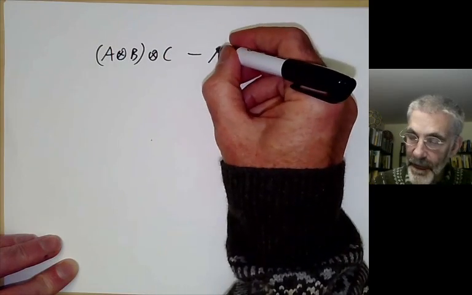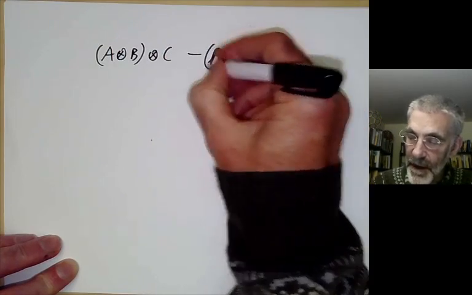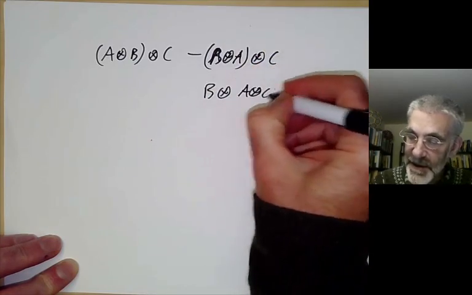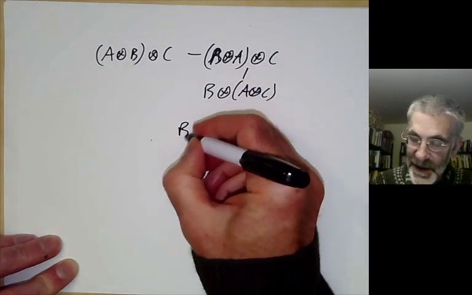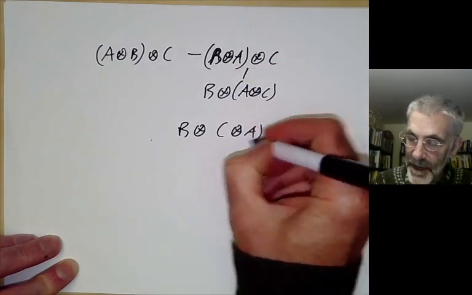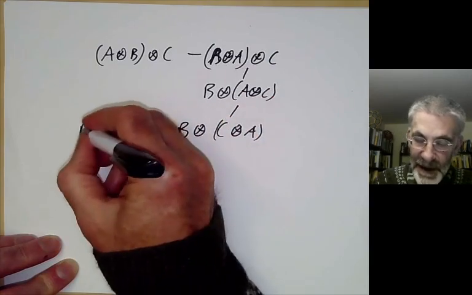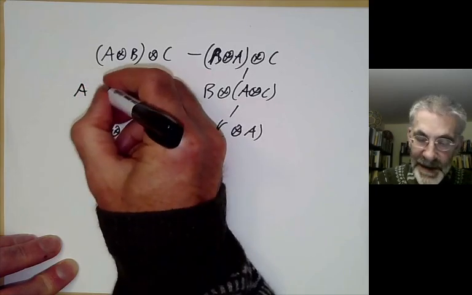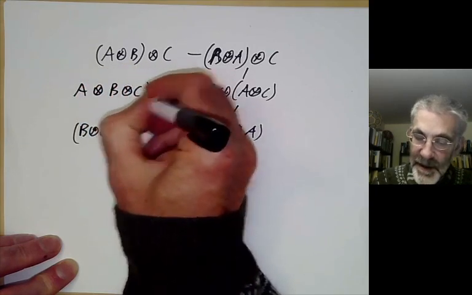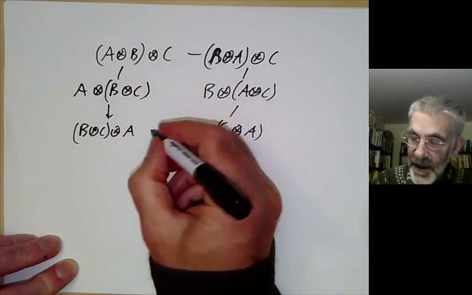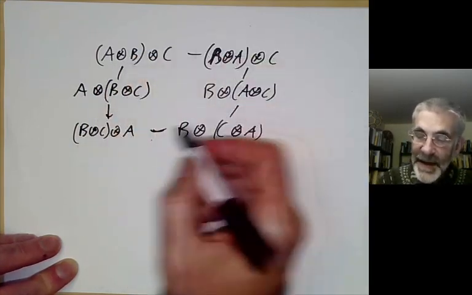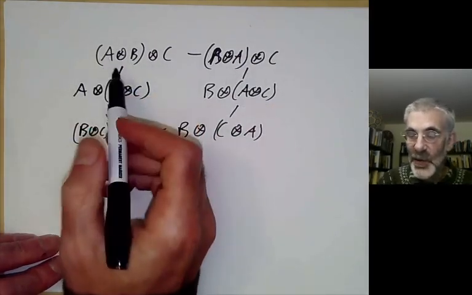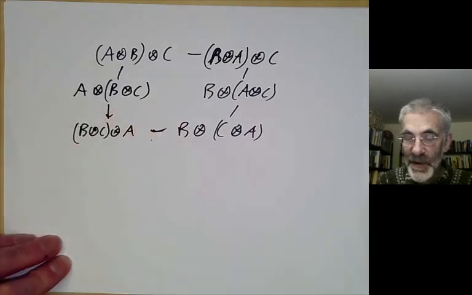We can map this to B tensor A tensor C, but we can also map this to B tensor A tensor C, and we can map this to B tensor C tensor A, and then we can map this to B tensor C tensor A, and we can map this to A tensor B tensor C. And you want this hexagon diagram to be commutative. In other words, if you start here and go round using all the isomorphisms you've defined, you want to get back to where you started.